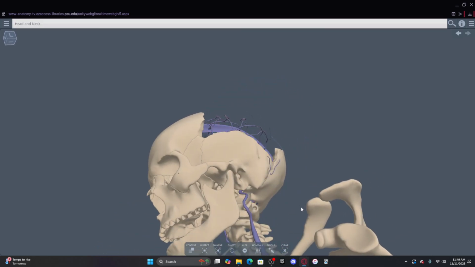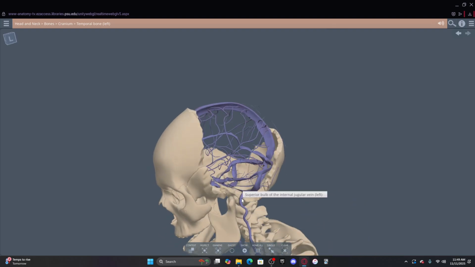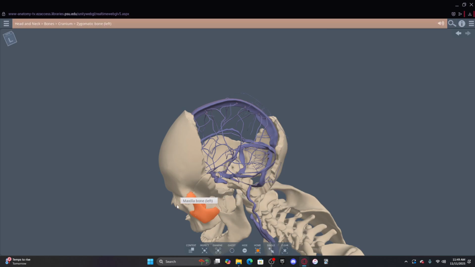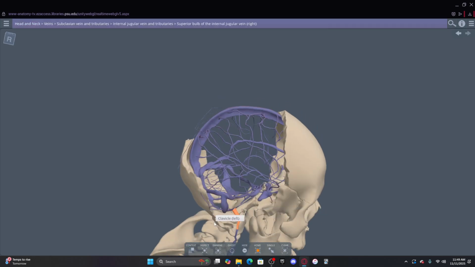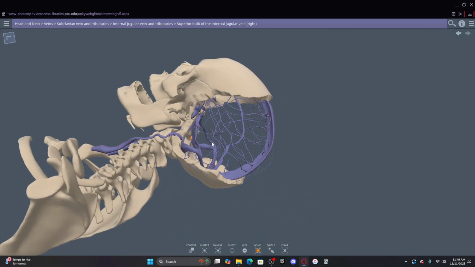And also, if I remove the temporal bone, you can see the internal jugular vein. If I remove this temporal bone as well, I don't know why it's cut so many times, but we can see the internal jugular vein there and there as well.